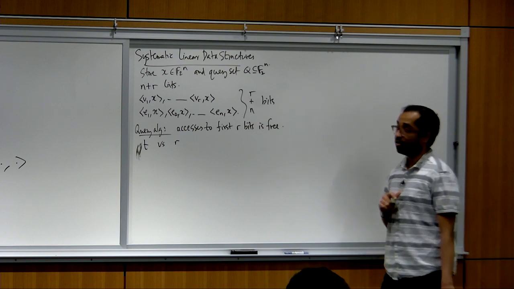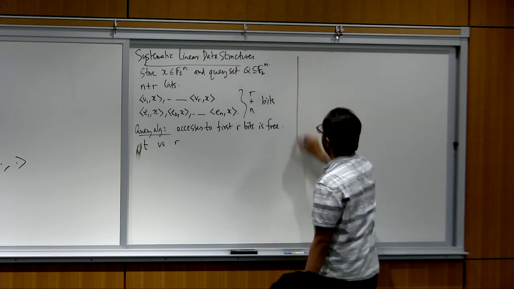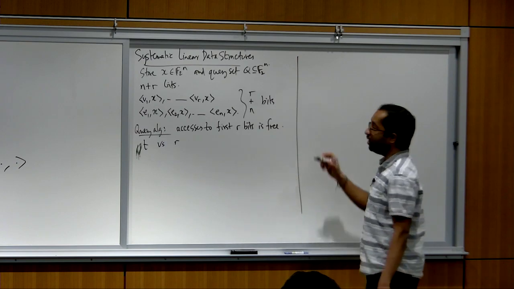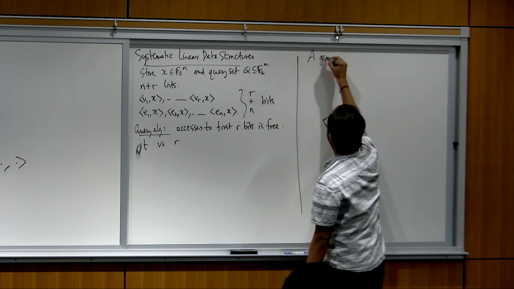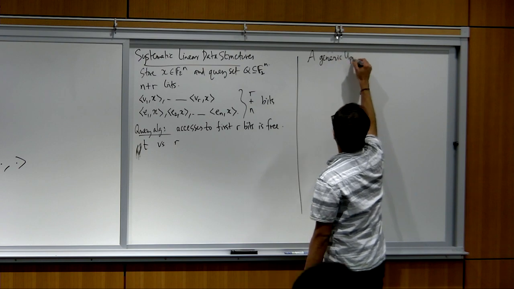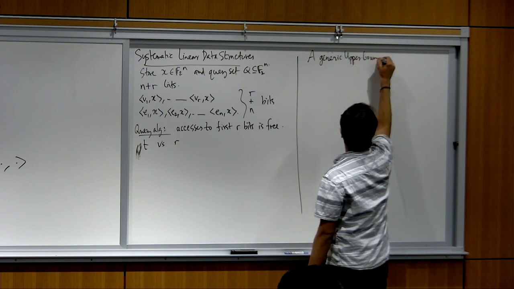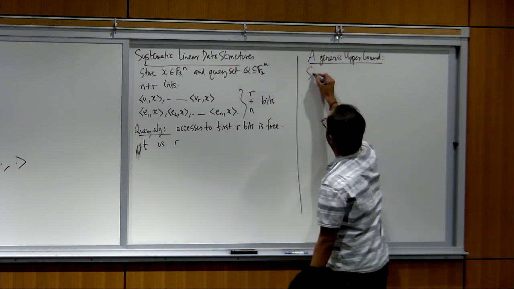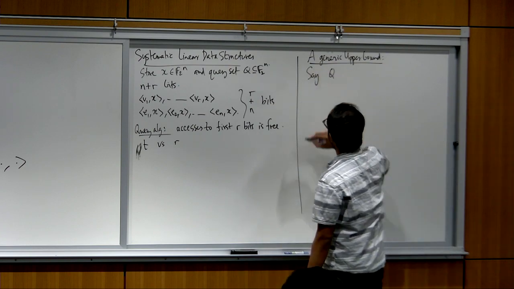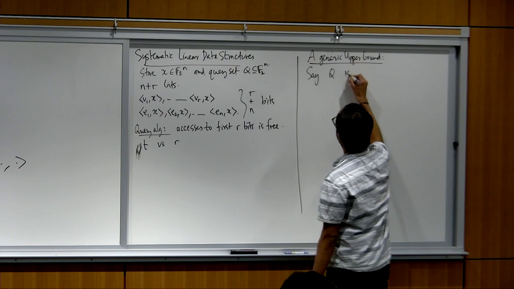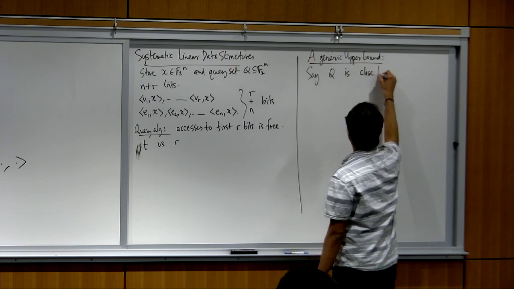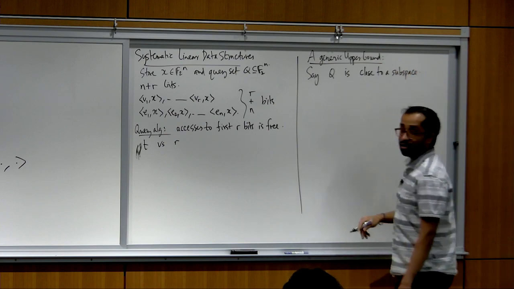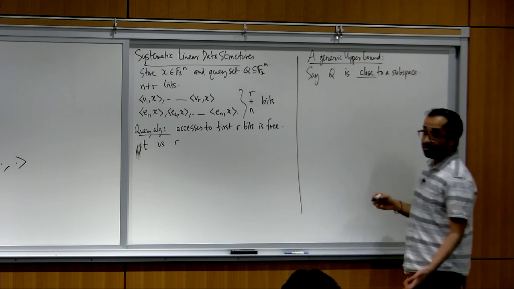Good. Okay, so let me tell you a generic upper bound for this problem. Say your set Q is close to a subspace. Now I have to define what I mean by close.